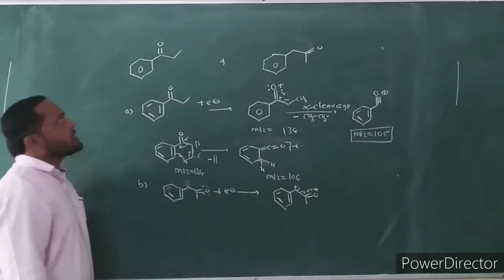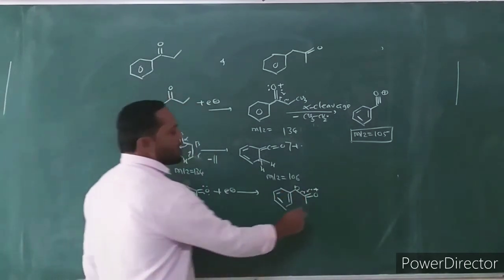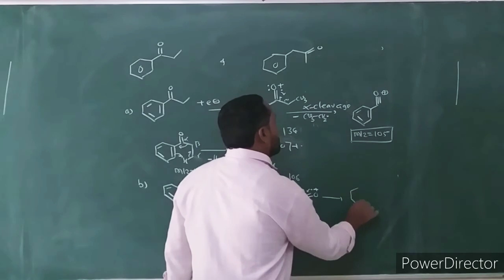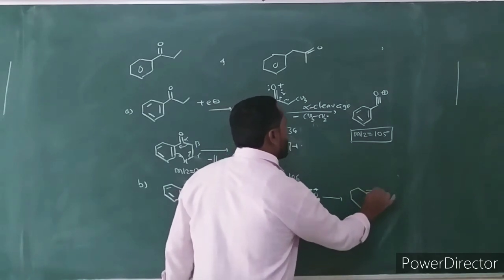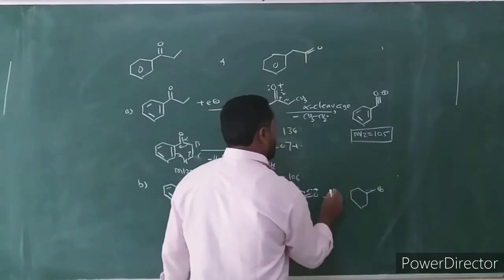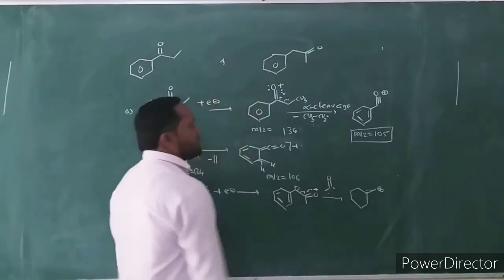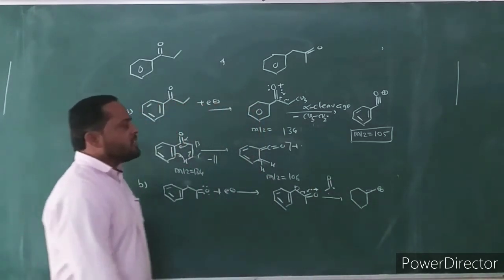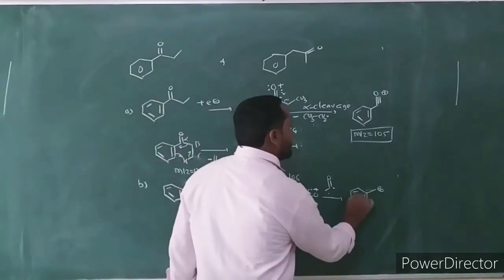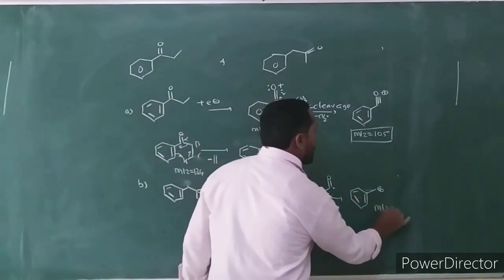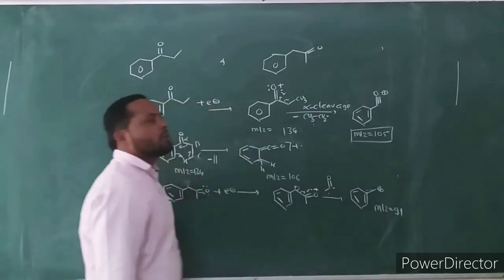It also undergoes alpha cleavage. The benzyl cation is formed with loss of the acyl group as a radical. This benzyl cation fragment ion has mass to charge ratio 91.